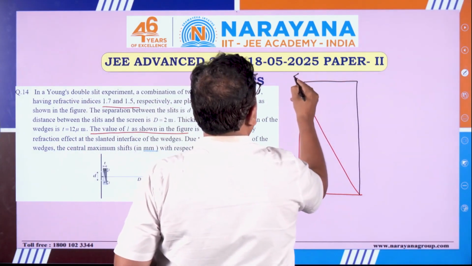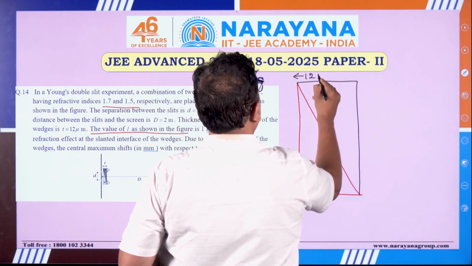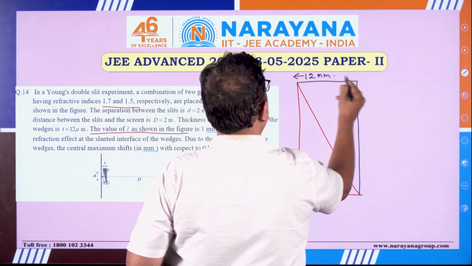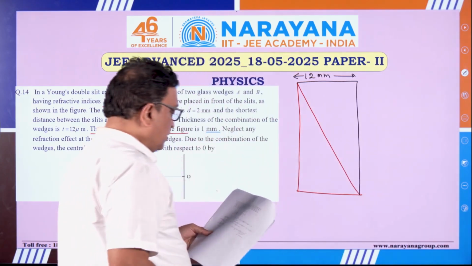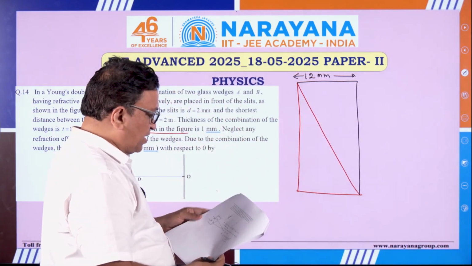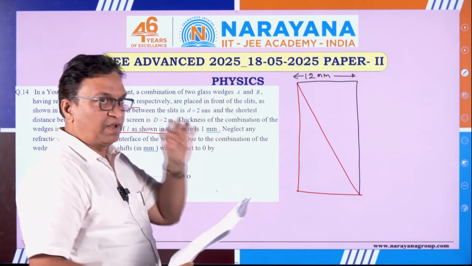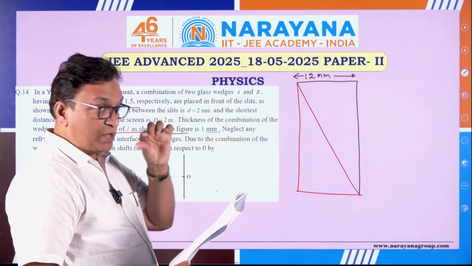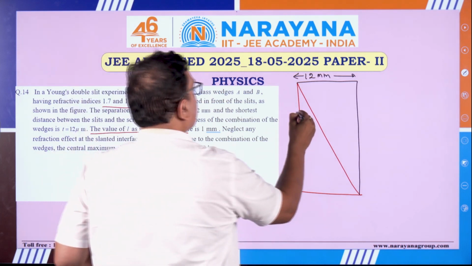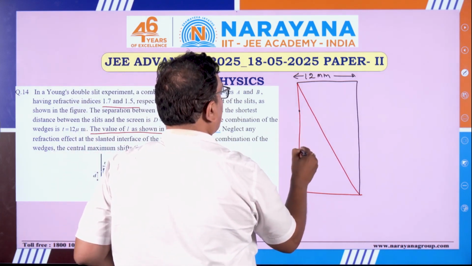Now, d is 2 mm, meaning these 2 points are separated by 2 mm.